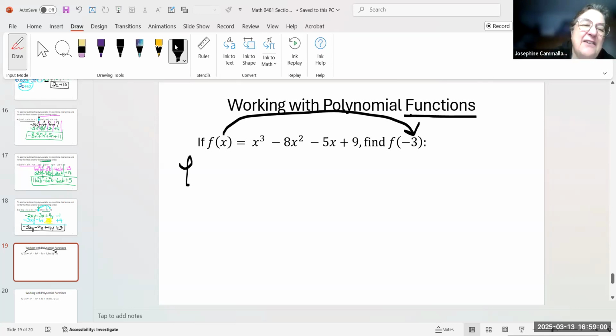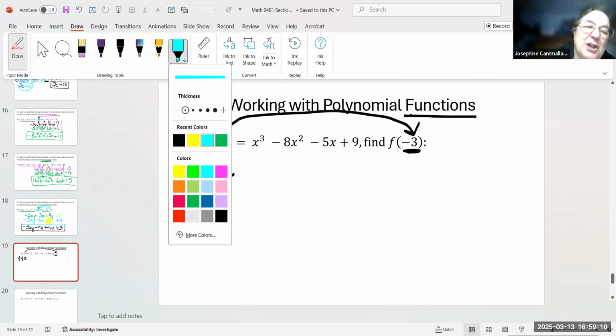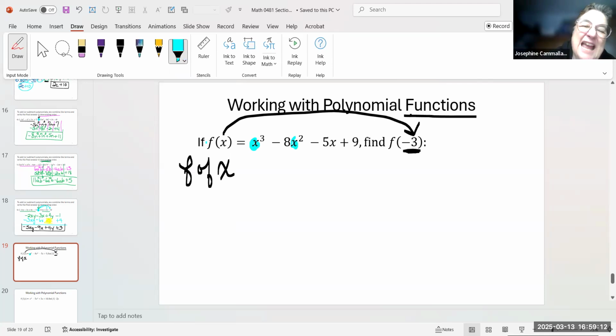This means f of x. This -3 is going to go in to every x in this problem, but it's how we write the answer. This says f of x.